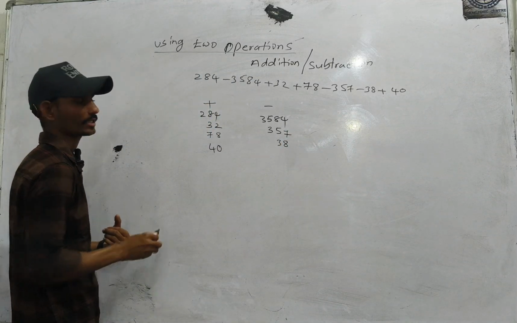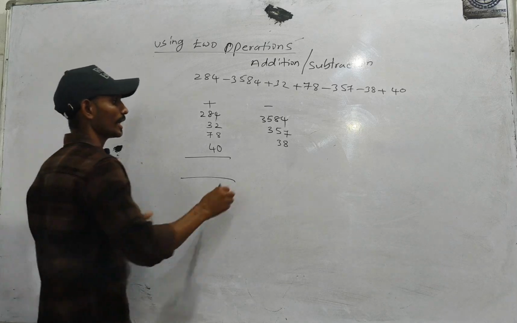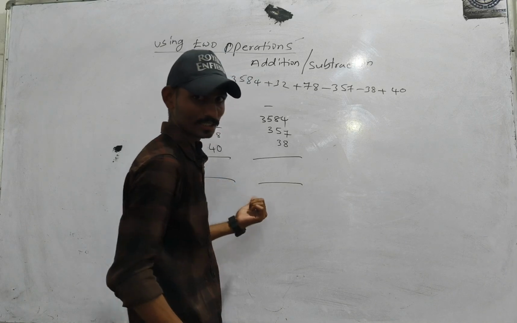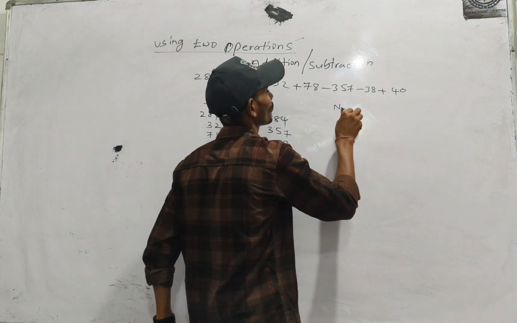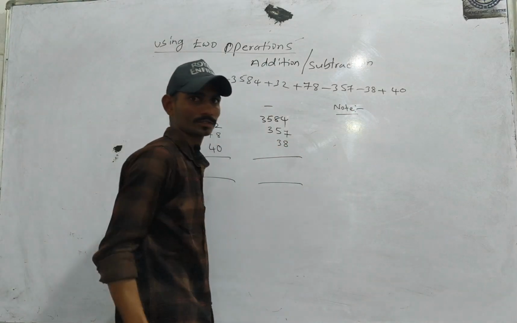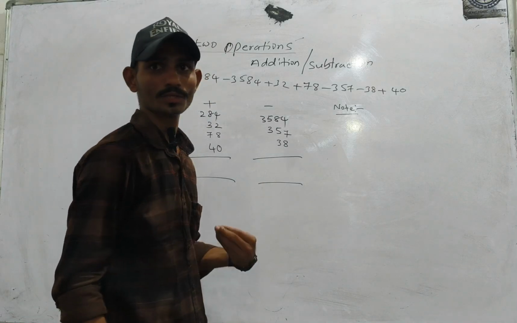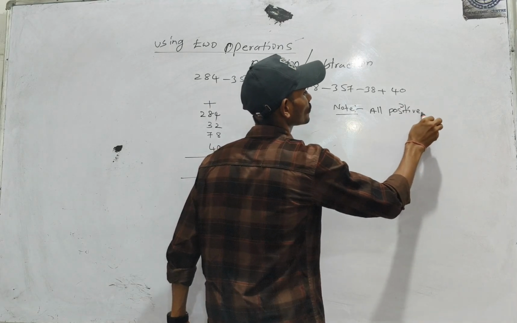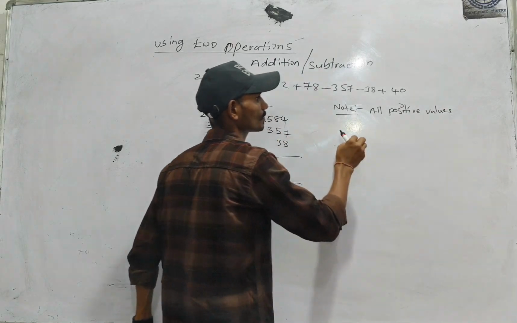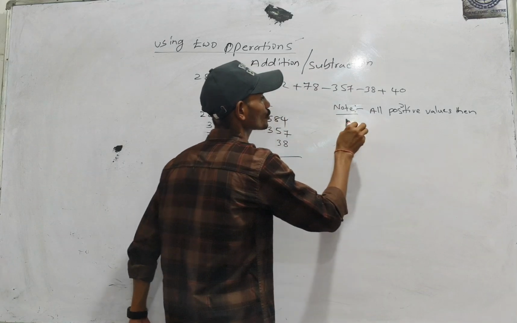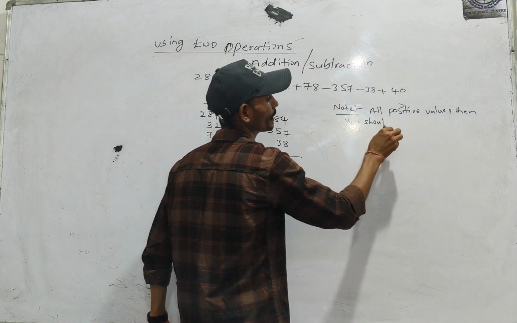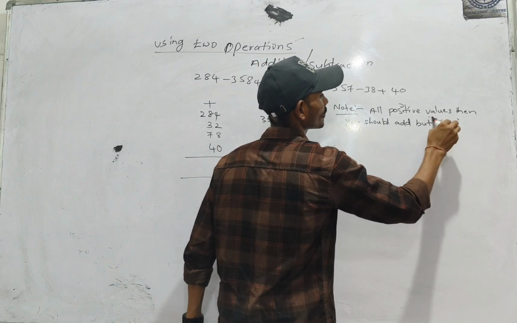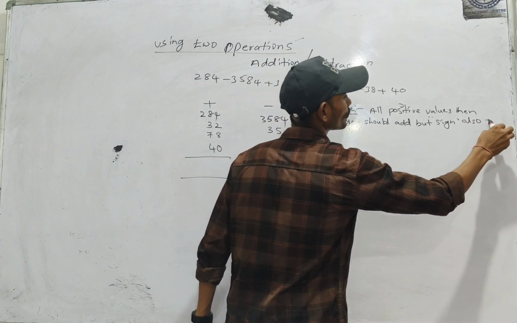When you arrange like this, you add all the positive values as well as all the negative values. Before this concept, take note. A note means an important point. When you have all positive values, you add them and the sign is also positive.